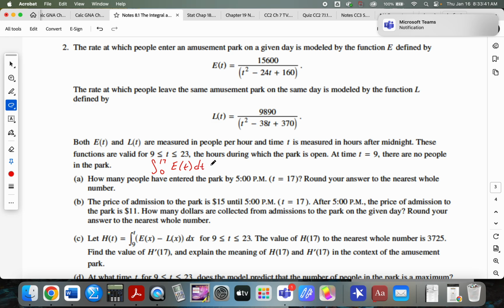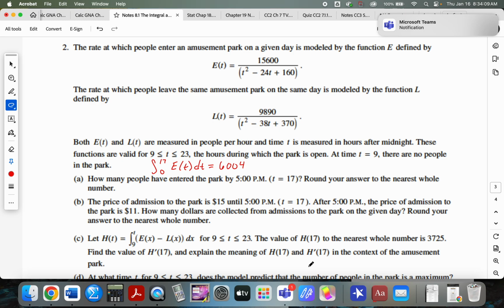And in the interest of time, somebody peek onto the rubric and tell us what that is. 6,004. Notice here it says round your answer to the nearest whole number. It gives you that clue that we're not going to count quarters of people and the like.